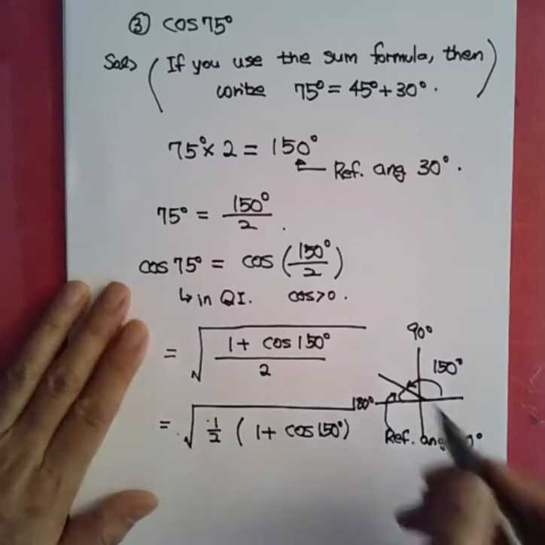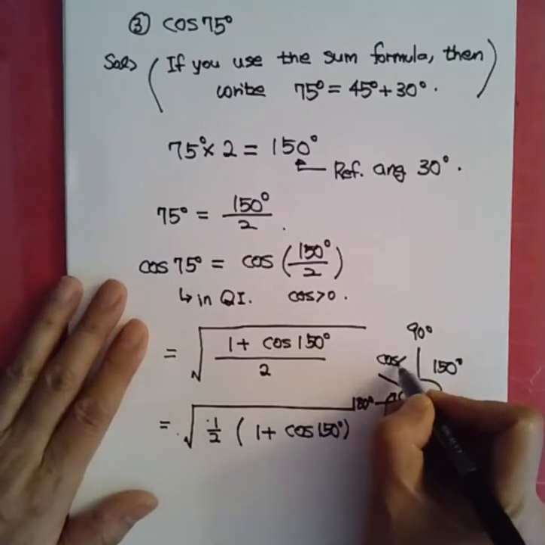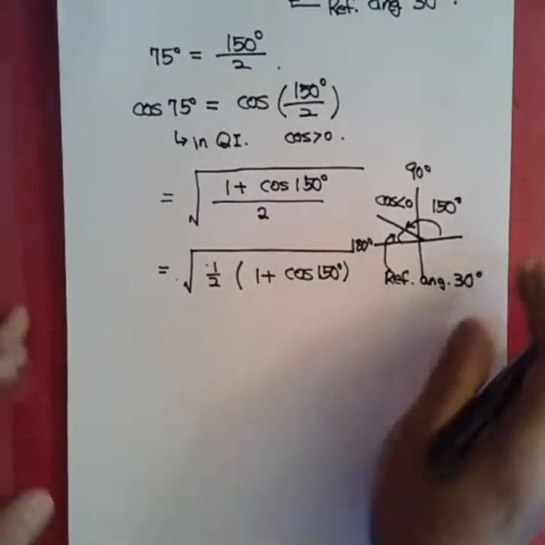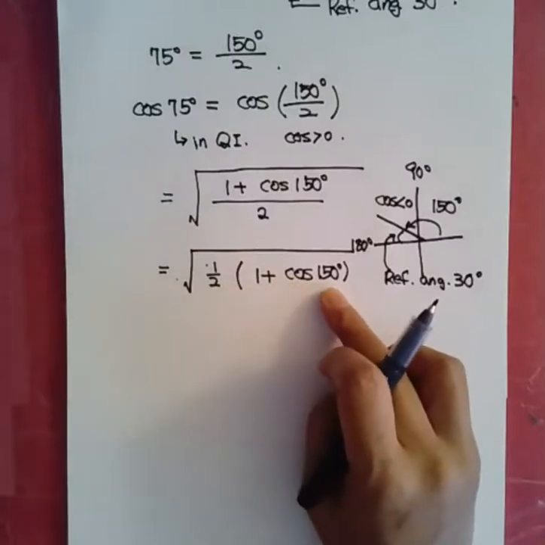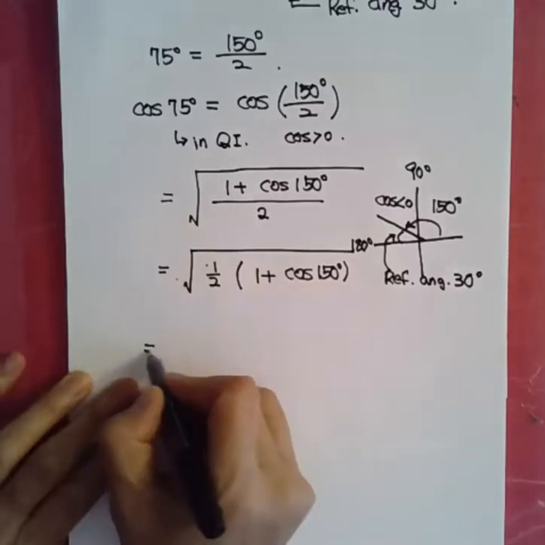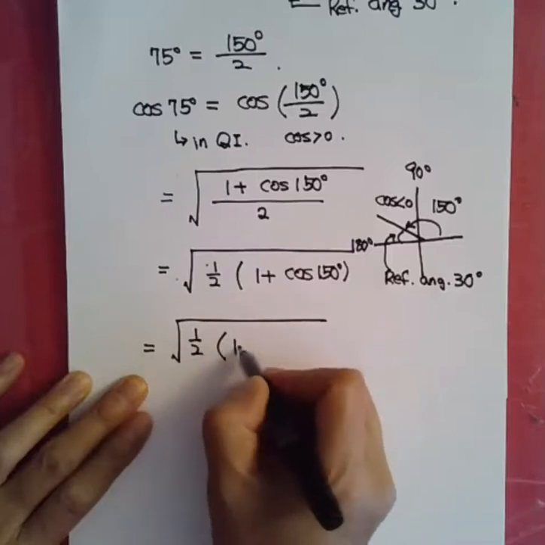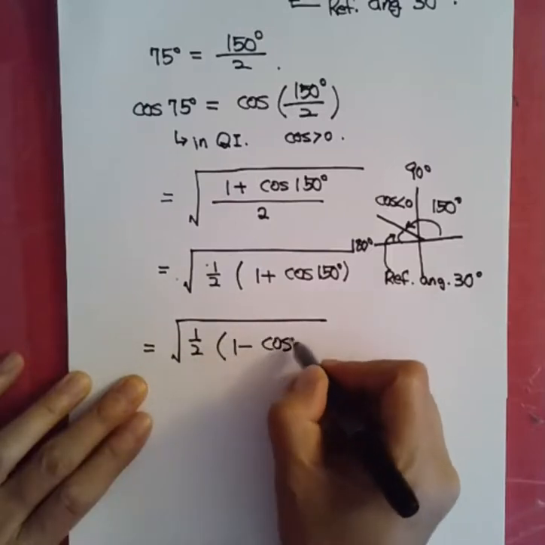In the second quadrant, cosine is negative. So this cosine of 150 degree equals minus cosine of 30 degree. That equals 1 over 2 times 1 minus cosine of 30 degree.